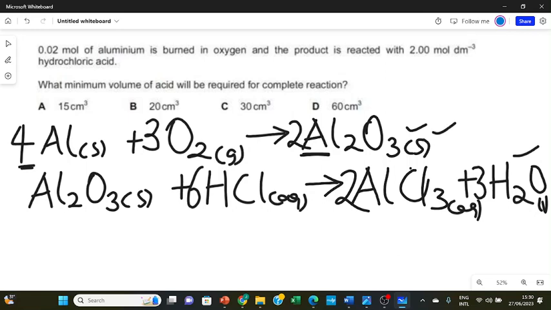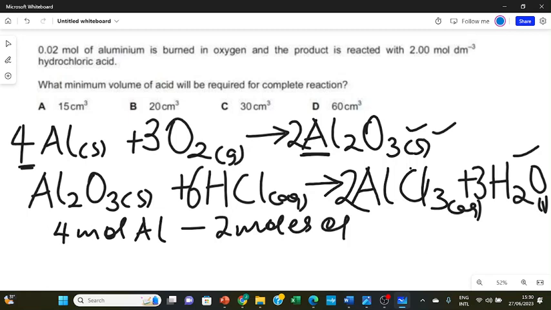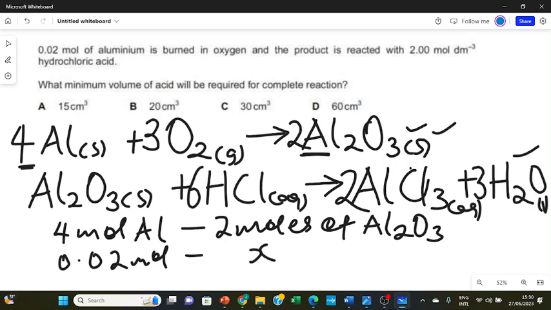Considering the first equation, 4 moles of aluminum burned in oxygen produces 2 moles of aluminum oxide, Al2O3, which is the product. Then 0.02 mole will generate what mole of aluminum oxide? So you cross multiply.